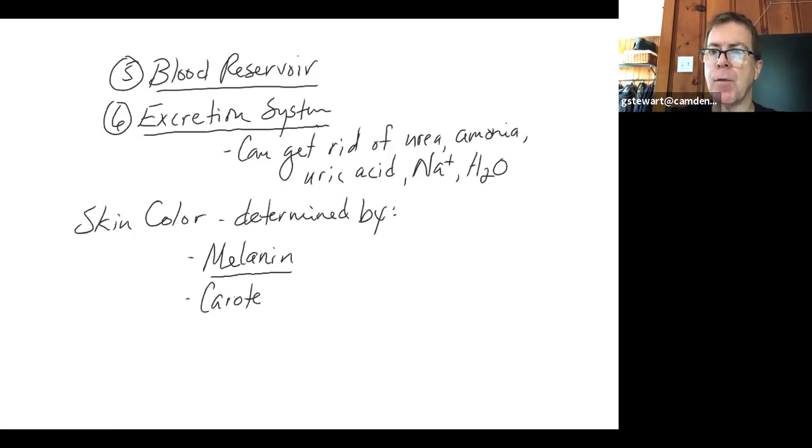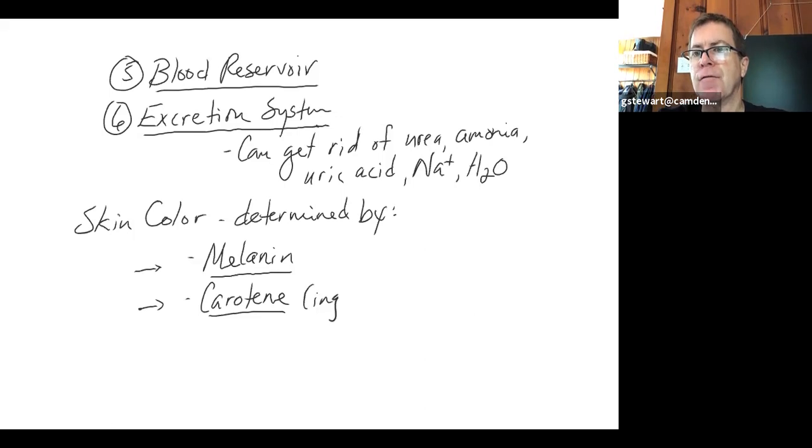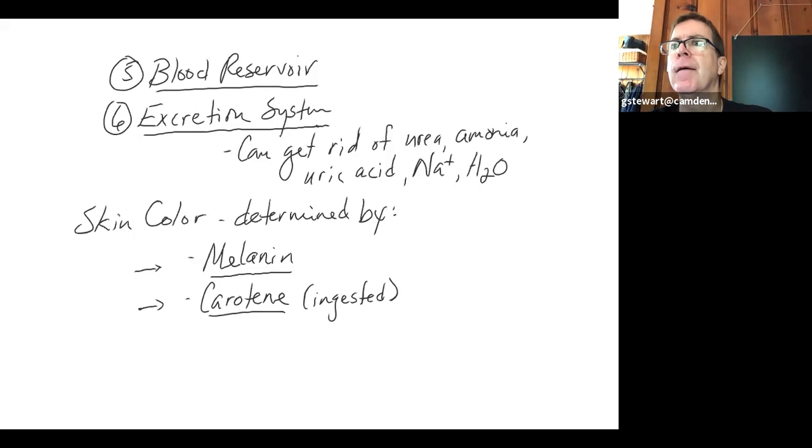Keratin also helps determine skin color, particularly in people who don't produce a lot of melanin. So keratin is ingested in foods. It's not produced naturally in the skin. I'm not sure, I don't have my book in front of me.